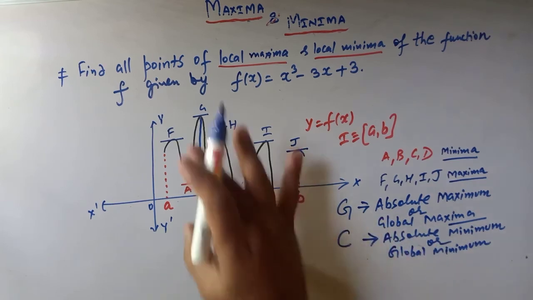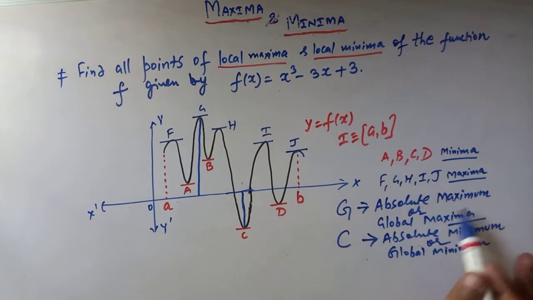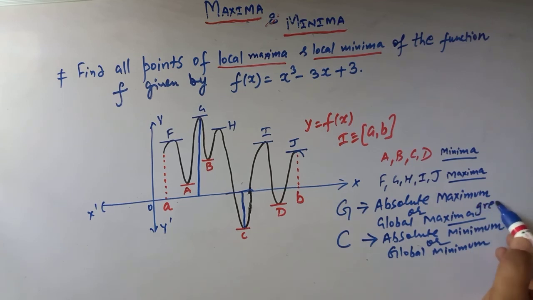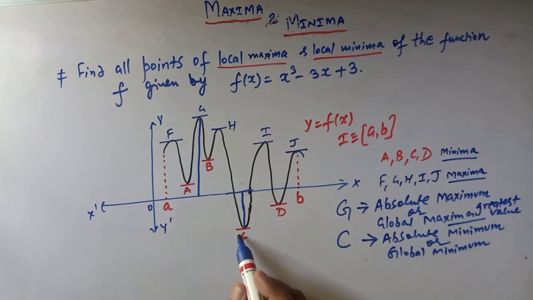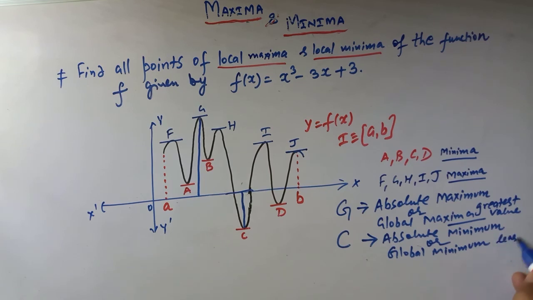So this point G is the absolute maximum or global maxima, or the greatest value. And the point C is called the absolute minimum or global minimum, or the least value.